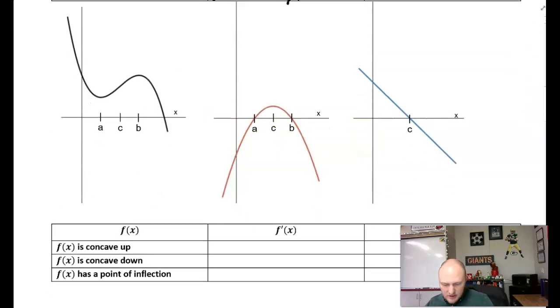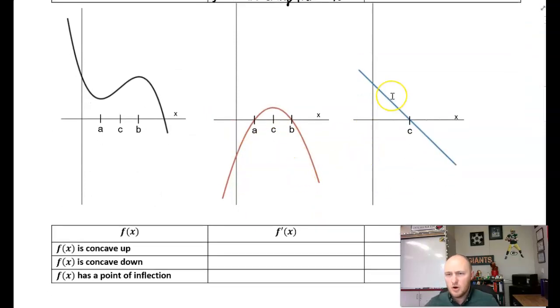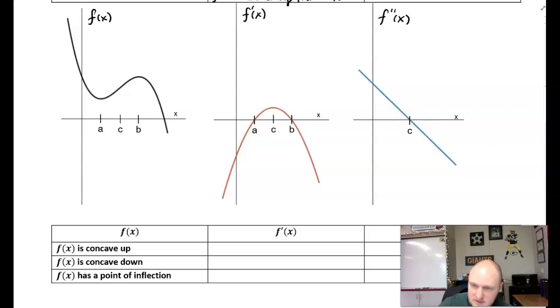Alright, so now we are going to connect all three of these graphs. Again, this graph here is f of x, this graph here is f prime of x, and this graph here is f double prime of x. So I'm going to play the same game for f prime to f double prime.